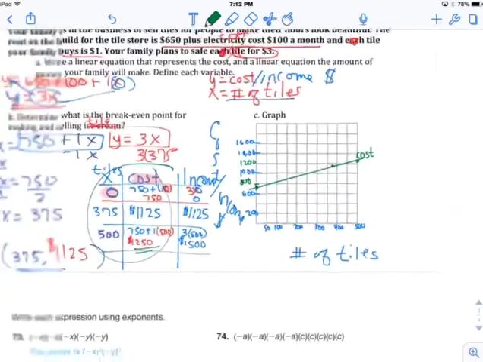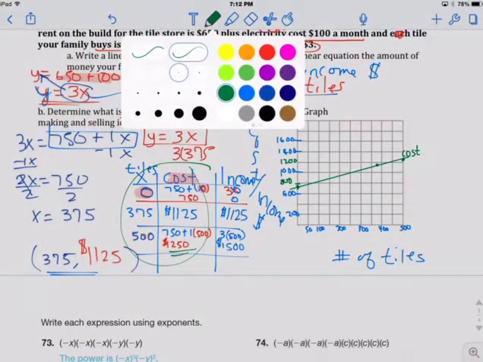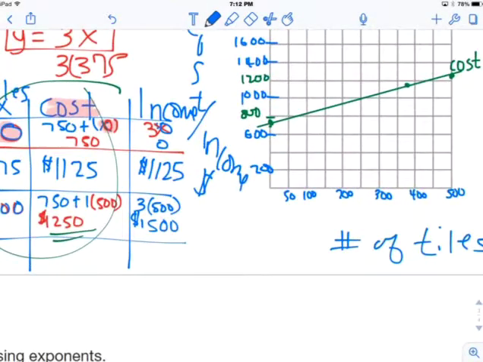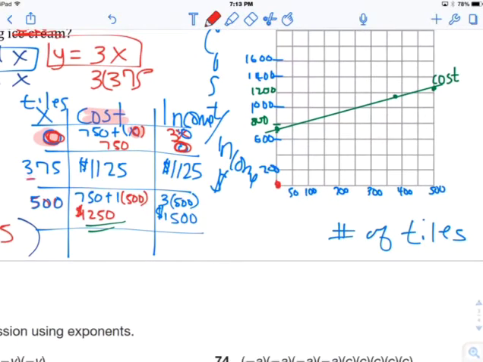Okay, now your income. Let's do an income line. So 0, 0 is our first one. Right here, we're going to 0. And then 375 and 1125, oh, that's the same one as that.